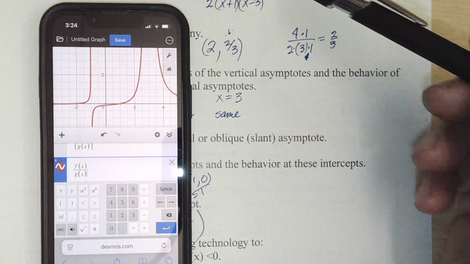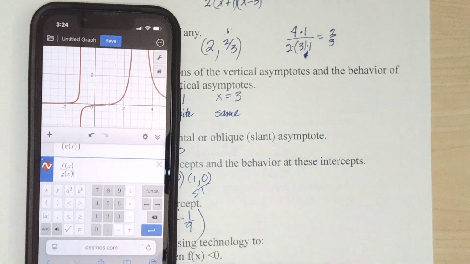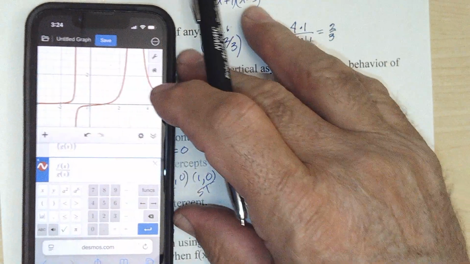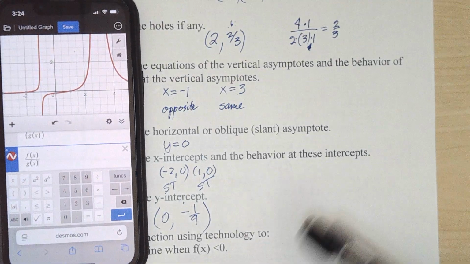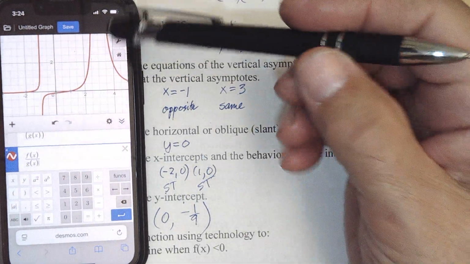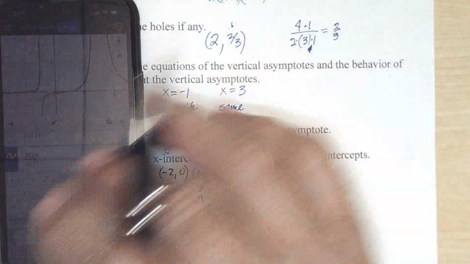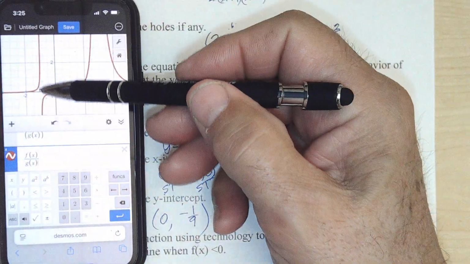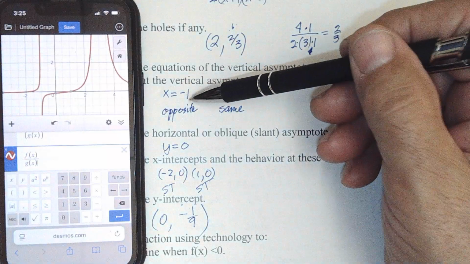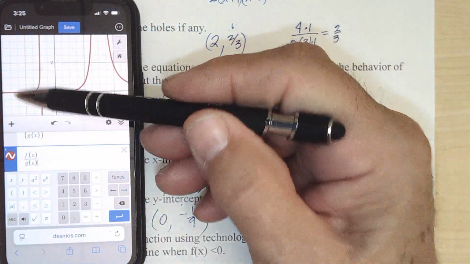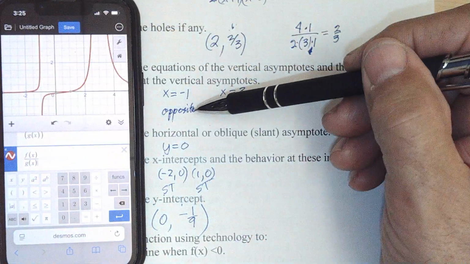Do you see how it's avoiding -1? Avoiding -1, vertical asymptote, and they're going in opposite directions.